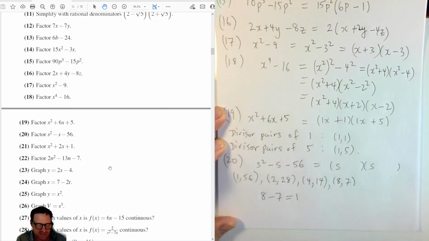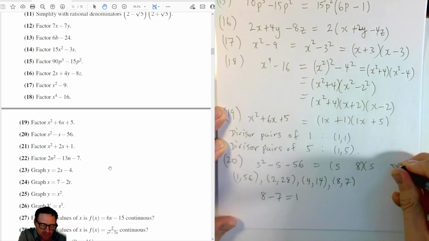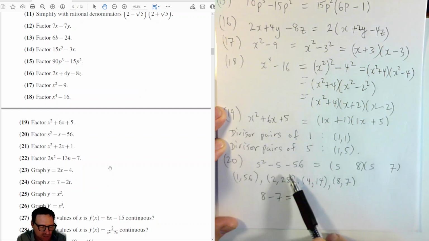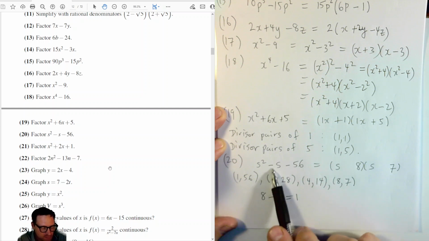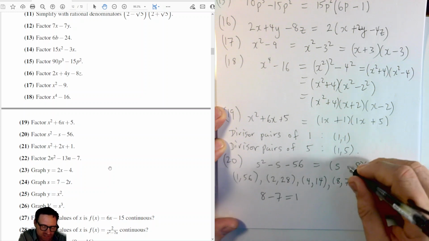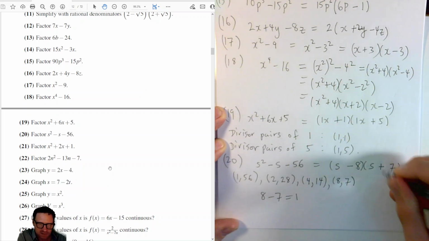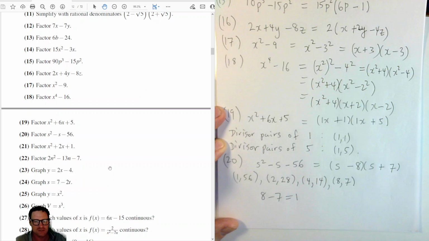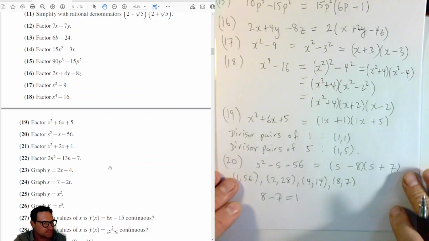So I want an 8 and a 7. So I put in an 8 and a 7. Now I know one should be plus and the other minus, but I want the sum to be negative. So I want the larger of the two numbers to carry the minus sign and the smaller to carry the plus sign. Okay, moving on.